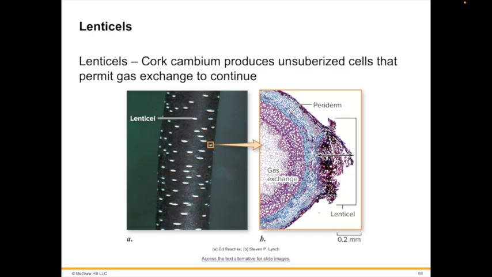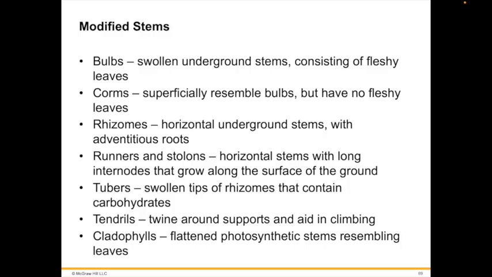So what I'm getting at is that lenticels allow gas exchange to occur through the periderm, or let's just say, secondary growth. And this is in woody plants. Now on to modified stems.